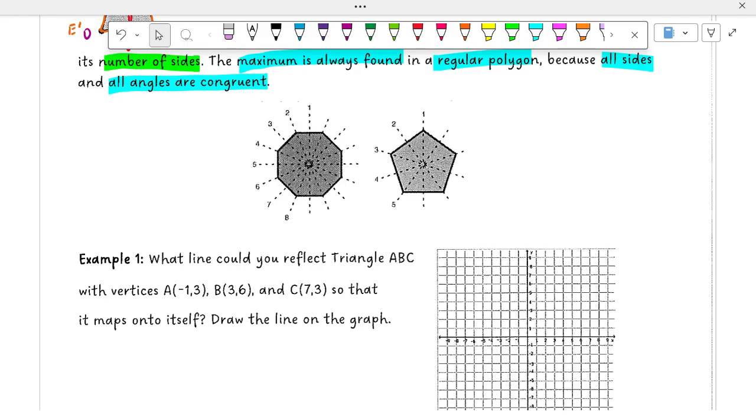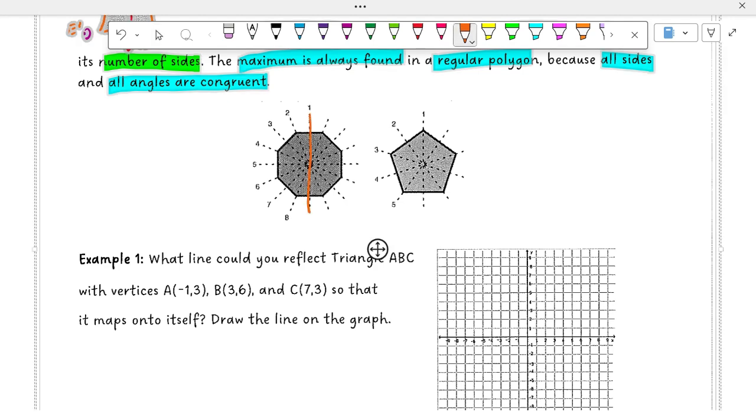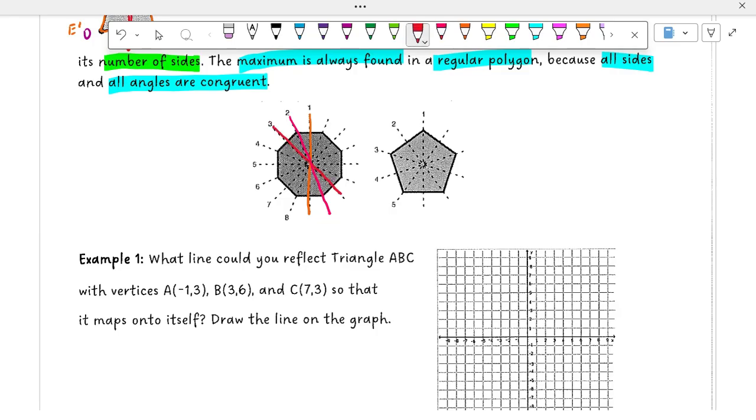All right. So, for example, this octagon has 8 lines of symmetry. So here's one of them. So if I mapped each of these points, we would get the same figure. It won't move. Here's another one. Here. Here.